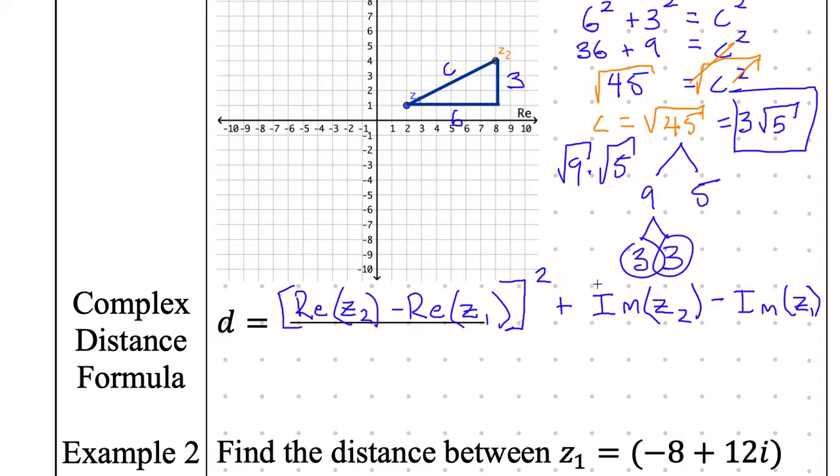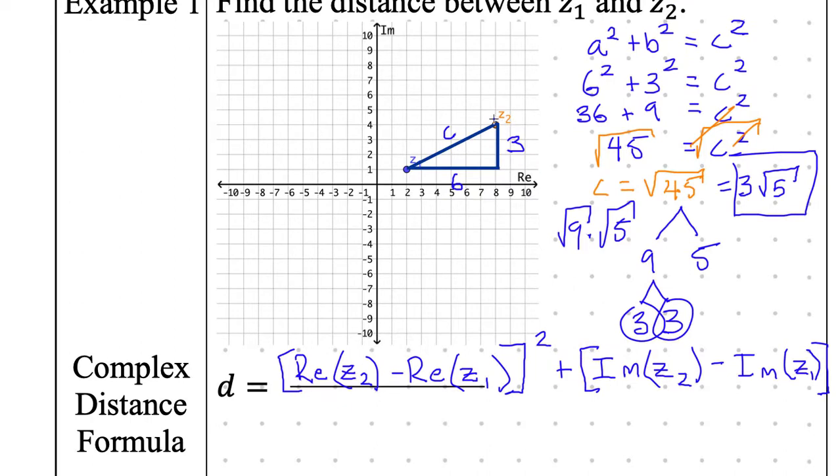And then I'm going to put square brackets because I'm about to do something else to that. What this is saying is take the imaginary coordinate of z2, subtract the imaginary coordinate of z1, and that will get you 3. This thing inside the square brackets is 3. It's a complex way of saying 3.